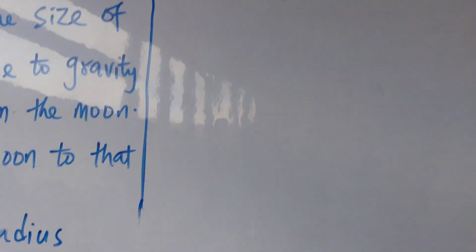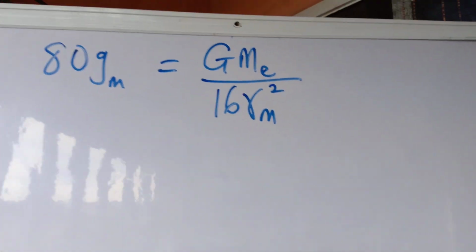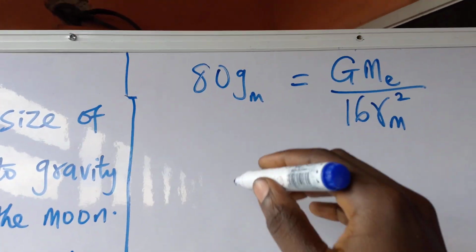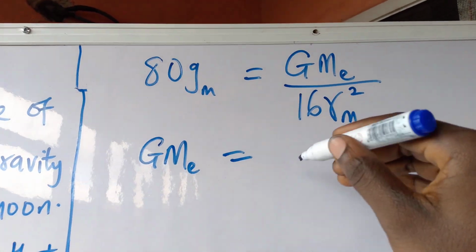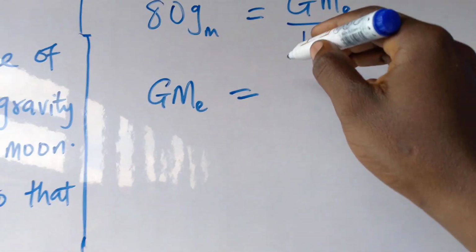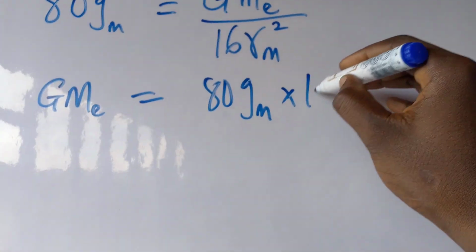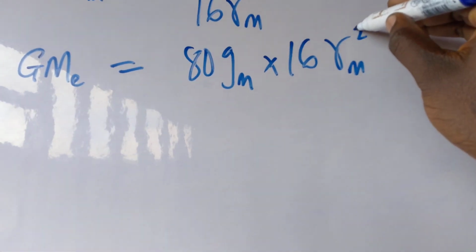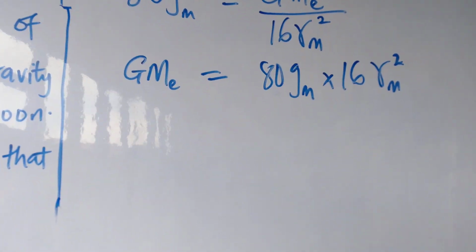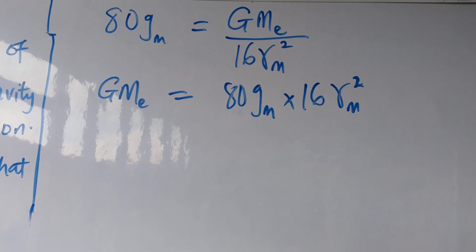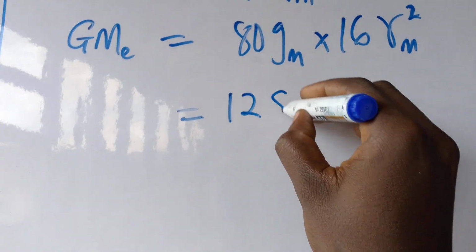So we'll be having 16 RM square. Okay, so if I cross multiply, I'll have that G ME is equal to 80 GM times 16 RM square. So 80 times 16 gives me 1280.